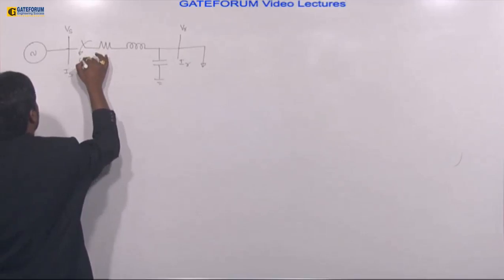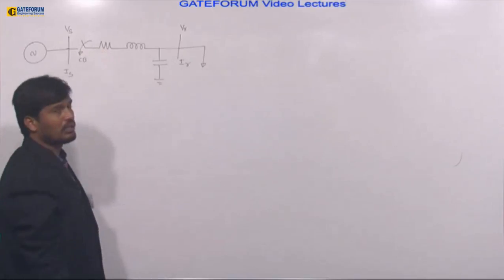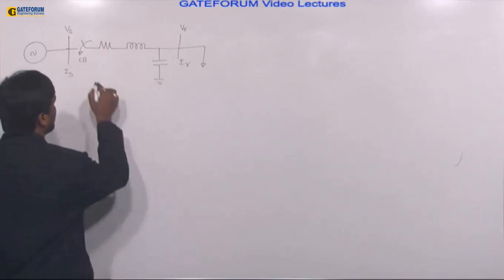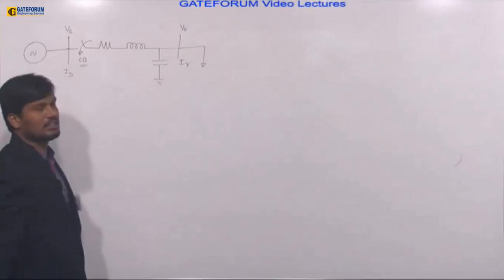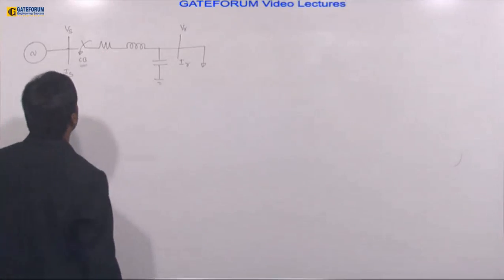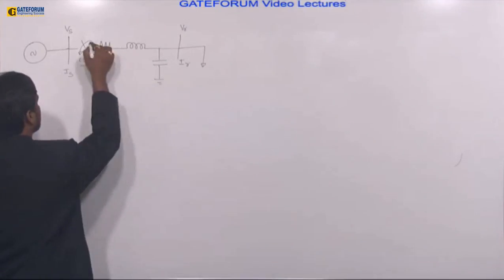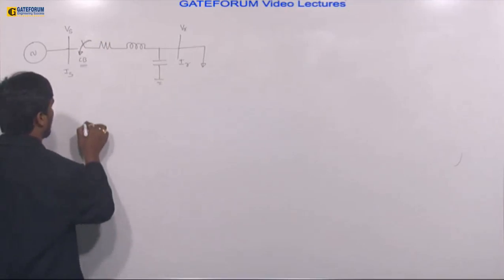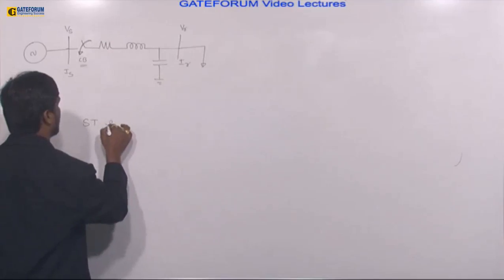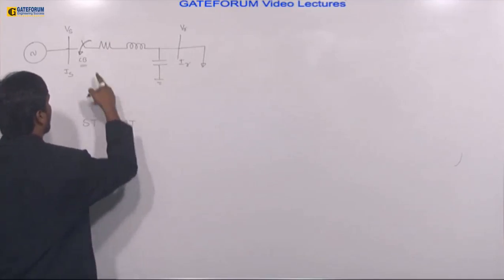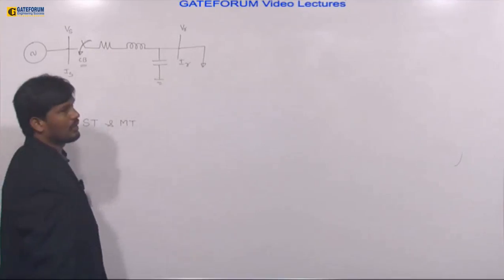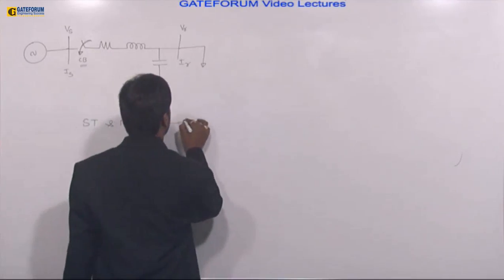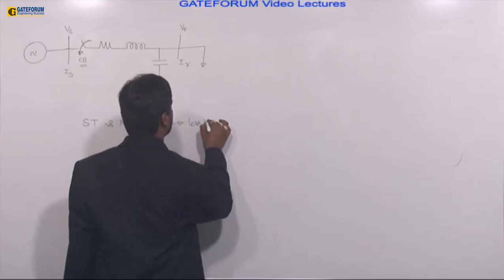The transmission line is connected to the bus bar with the help of a circuit breaker and relay. We know that a circuit breaker acts as a switch. Listen, when the switch or circuit breaker is closed, does a short or medium transmission line take less time or more time to charge the line?